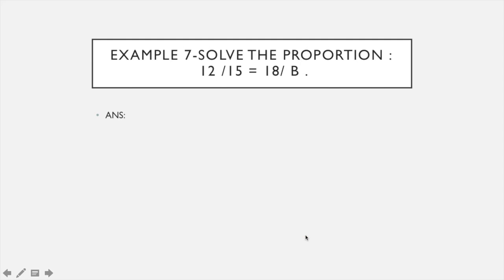So a 7 type of thing you'll see. Here's another proportion, so we need to write that in the proper format. 18 over b. Good. Now we know to solve these, we need to go back and do that cross product.